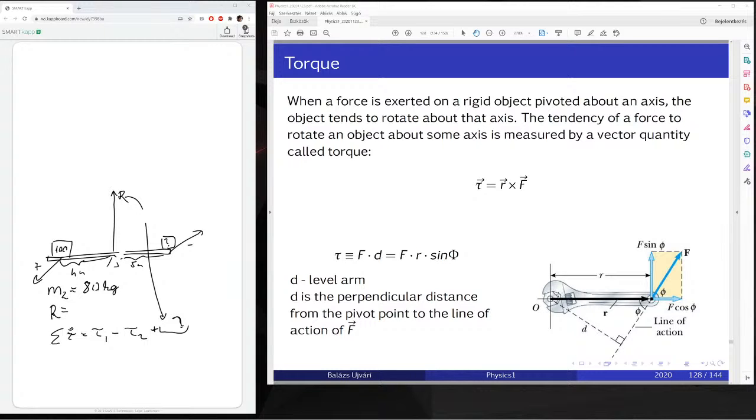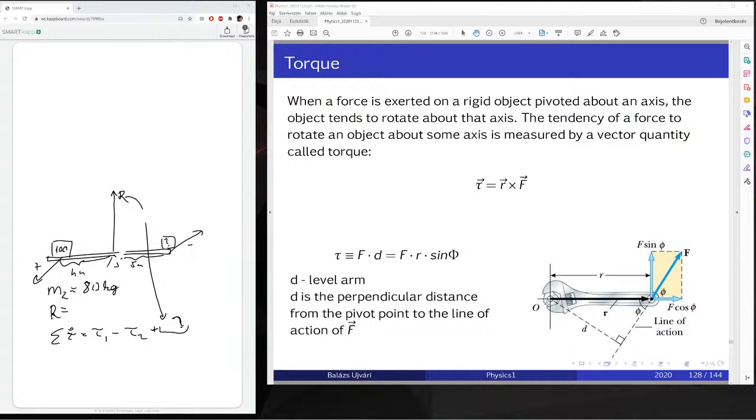Look at this picture. Here we have a force and there is a lever arm. And the torque is force times lever arm. What if one force goes through the axis of the rotation, like just moving this F vector here? What if the force goes exactly through the axis of the rotation, like in this example?